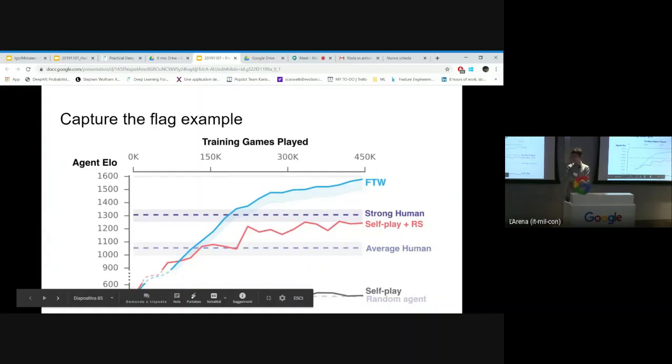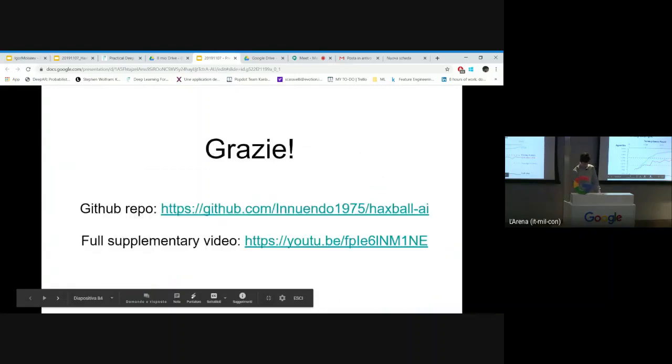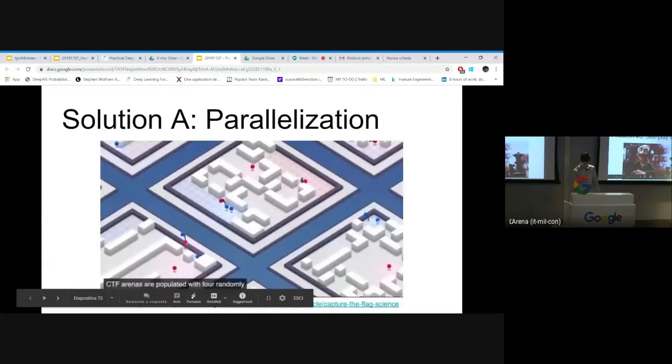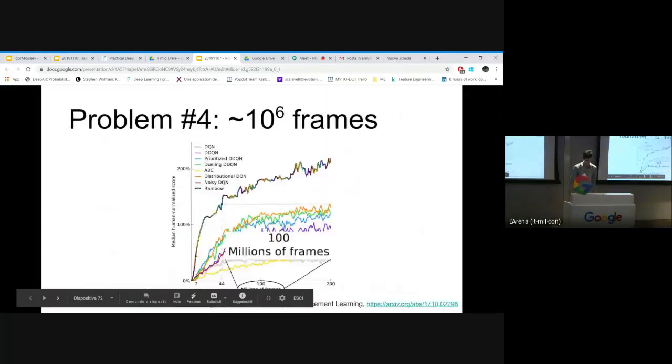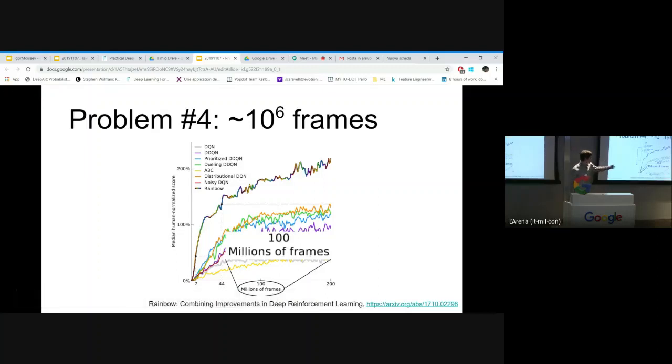I wanted to ask about that graph of Rainbow. Was that the different strategies, switching from one strategy to another? No, the Rainbow curve is just one of the algorithms. There is a link, but anyway, it's just a comparison of different algorithms. My message from this graph is the axis, you see the millions of frames.